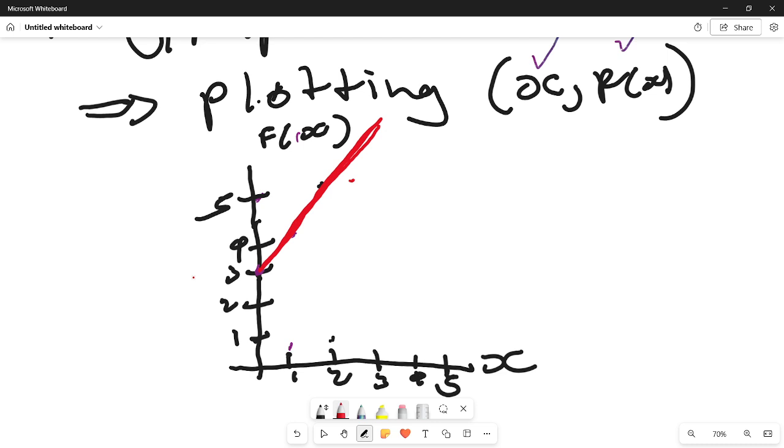This straight line represents f of x equal to x plus 3. So this is a representation of a function as a graph.